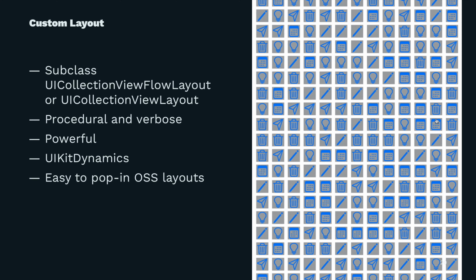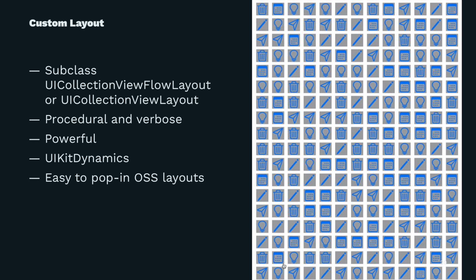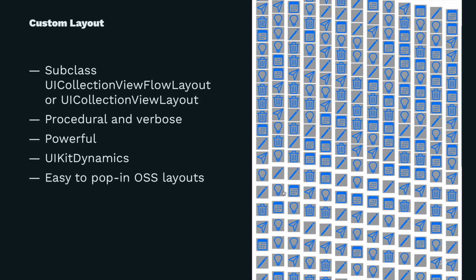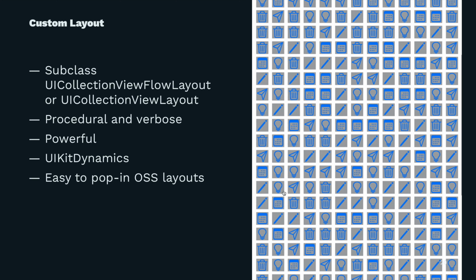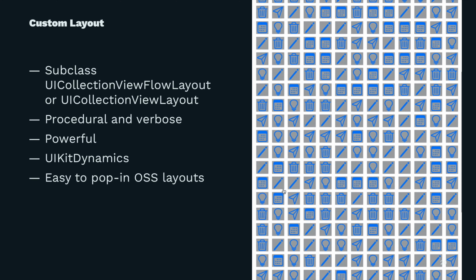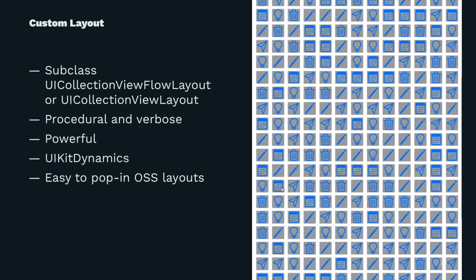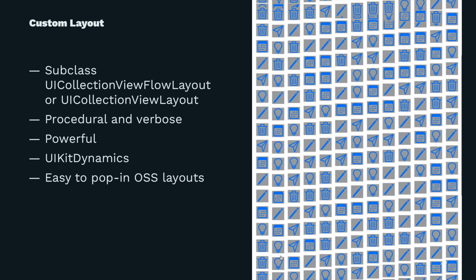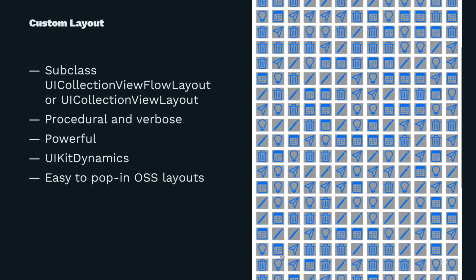Also, you can mix it with UIKit dynamics to introduce interactions and movements based on physics without doing every single calculation yourself. Also, if you don't want to define it completely from scratch, there are many open source layouts available, like the ones I introduced. And you could just set those as is as the layout for your collection view, or you can take them and customize them.